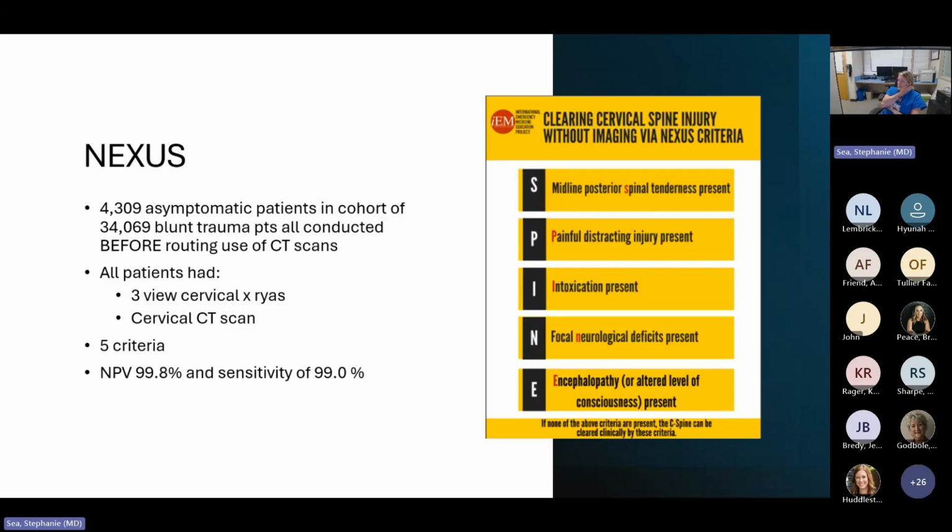And if none of these were present, NEXUS criteria would say that these were awake, asymptomatic patients and could therefore be cleared. And they actually showed a negative predictive value of 99.8% and sensitivity of 99%. So actually pretty good criteria, again, in your awake asymptomatic trauma patient.